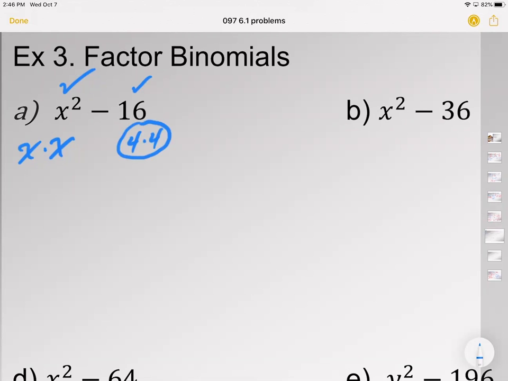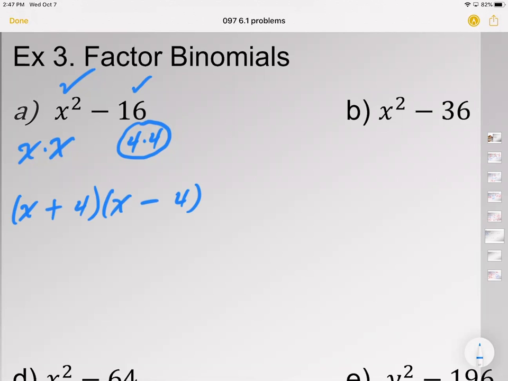Why? Because 4 times 4. If the first item is a perfect square and the second item is also a perfect square, all you need to do is take one of each and put them in the parentheses. The only thing different is one of them is positive, the other one is negative.